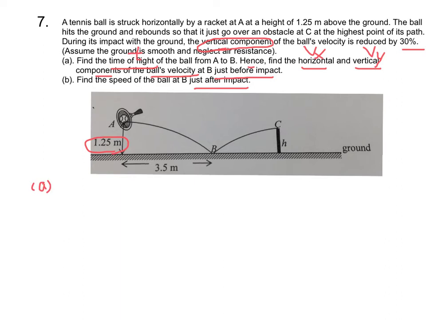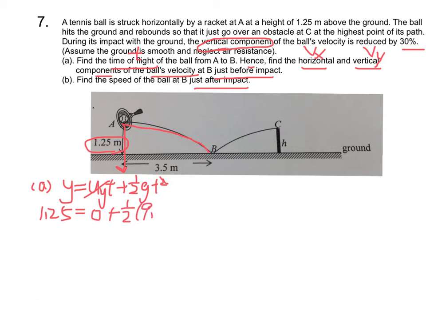To find the time of flight t from A to B, we use the vertical motion. We apply the equation y equals uy t plus half g t squared. 1.25 equals 0, because uy is 0, plus half times 9.81 t squared.